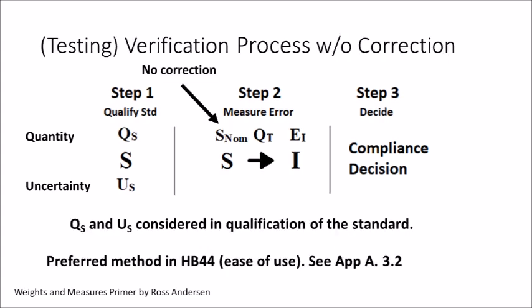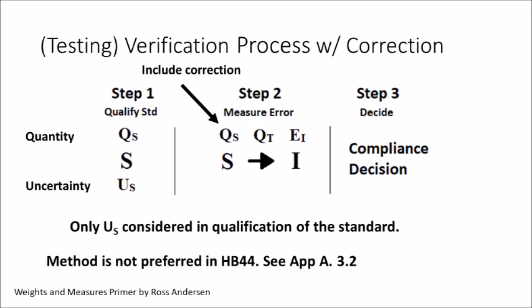Now, we do this 2 ways in Handbook 44. One is what we call no correction. So in this case, in the measurement step, we use the nominal value of the standard, and both the quantity and uncertainty of the standard are considered in the qualification step. This is the preferred method in Handbook 44, according to Appendix A. There is a not preferred method that's still accepted, where you include the correction.